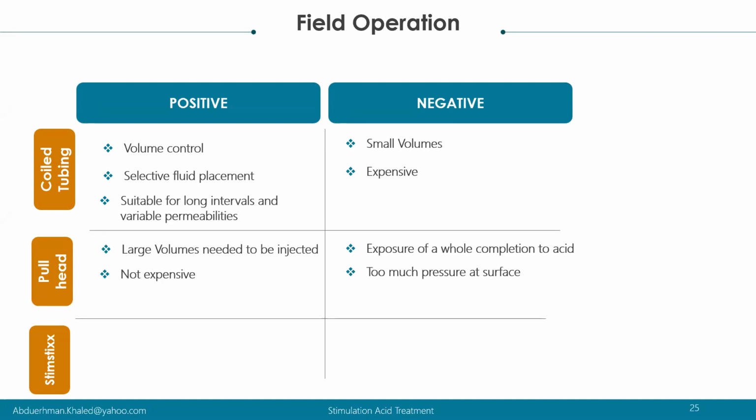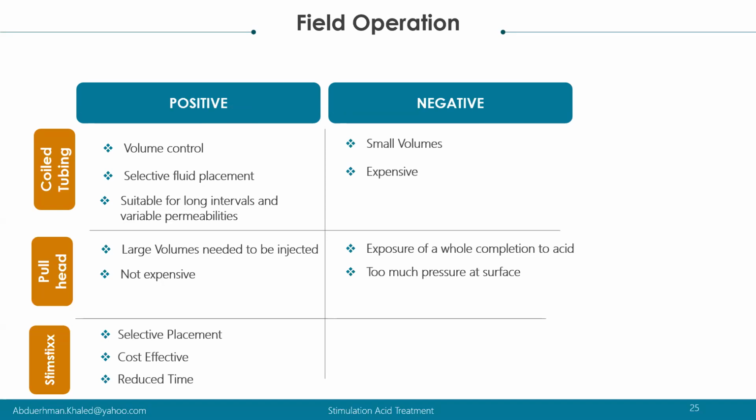And there is a kind of new technology called stem sticks. This technology is a different technology. It's mainly about powder. There's no liquid, it's powder, and it is injected into the formation through slickline or whatever.